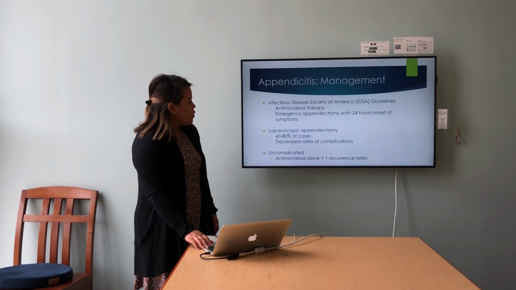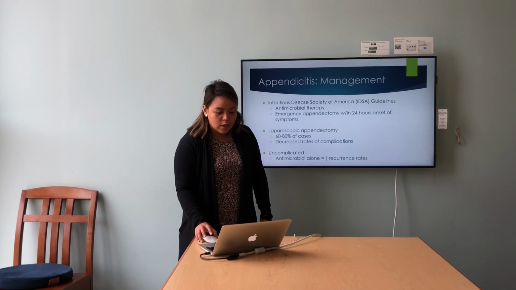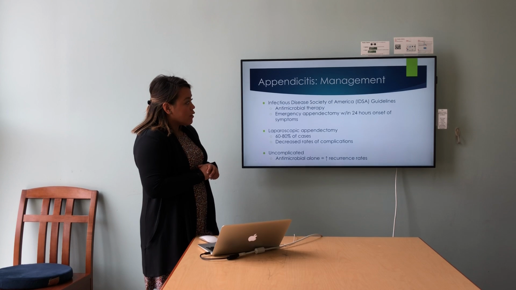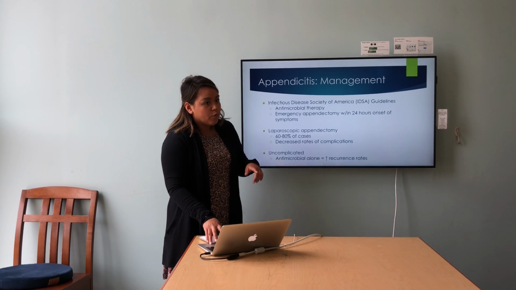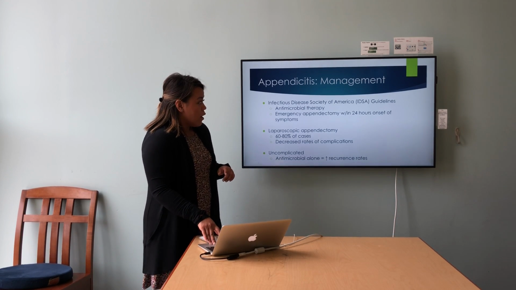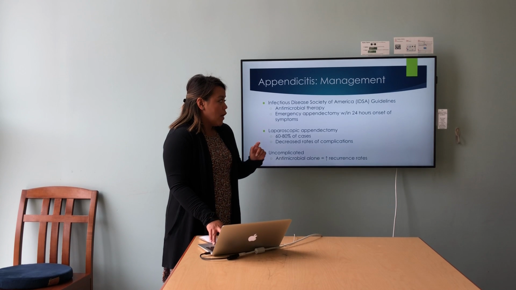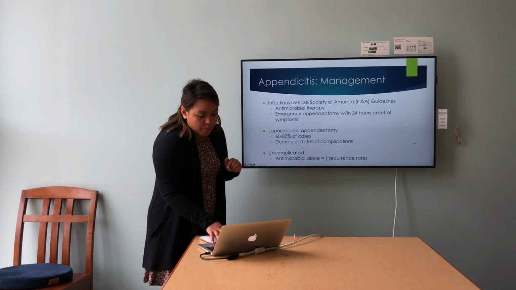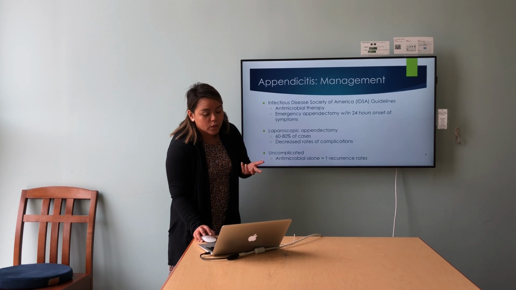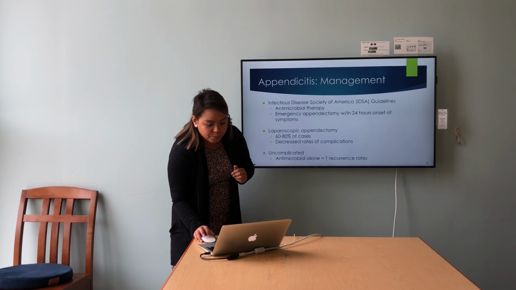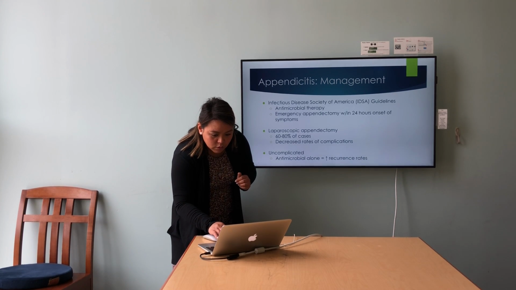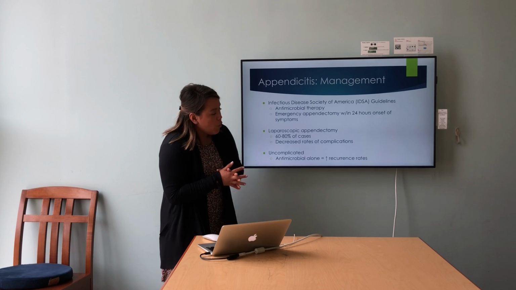Next, we're going to talk about how to manage appendicitis. According to the Infectious Disease Society of America, or IDSA guidelines, both antimicrobial therapy and emergency appendectomy within 24 hours of onset of symptoms are what the guidelines suggest you do.